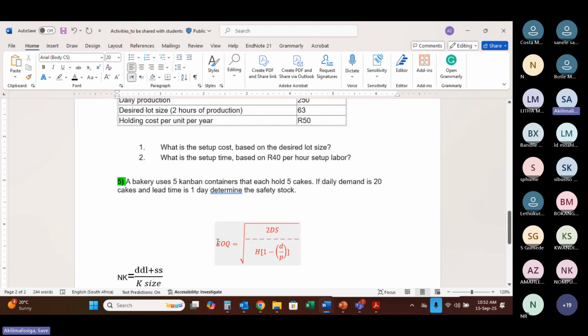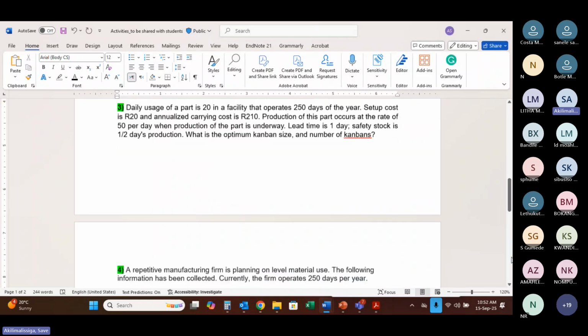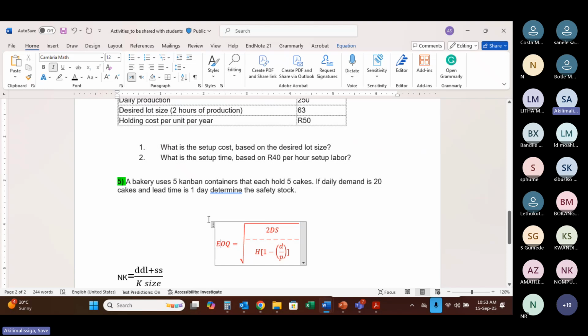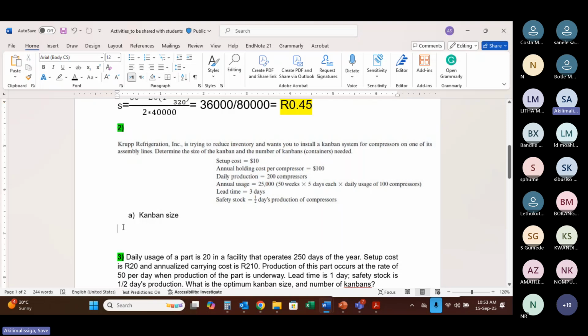If you don't know that, you won't be able to go forward with your calculations. So Kanban size is equal to the EOQ, which means in order to calculate the Kanban size, we're going to make use of the EOQ formula. So let me just copy this so that I can replace the values.